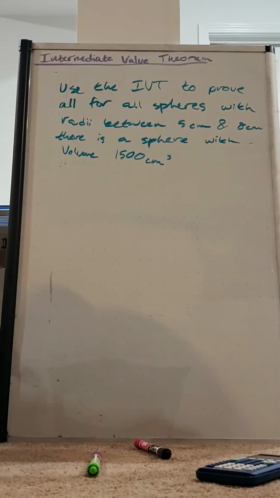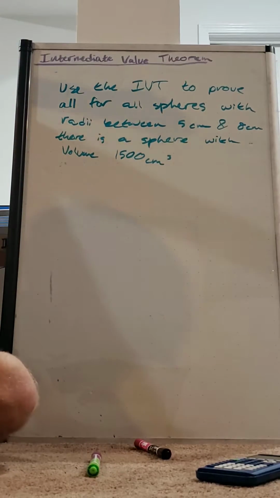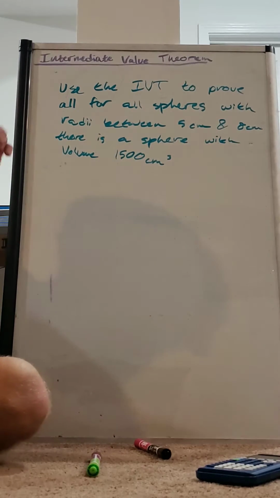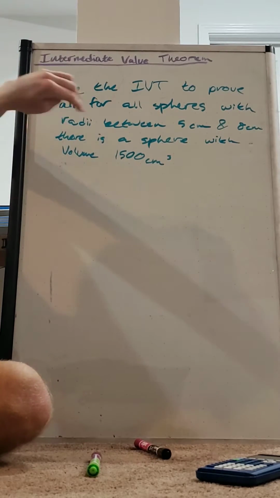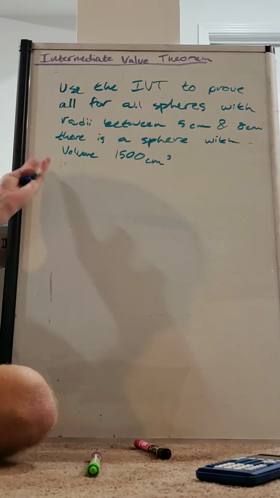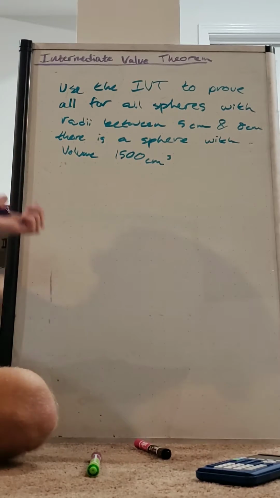So use the intermediate value theorem to prove that for all spheres with radii between 5 and 8 centimeters, there's a sphere with volume of 1500 centimeters cubed.